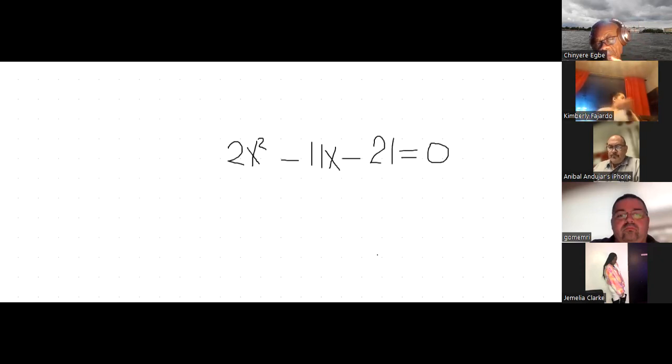Okay? This is our function. And so, how do we solve it mathematically? Using factorization. Okay? How do we solve it mathematically? Using factorization. And the simple thing that I show to students, you put in your bracket here, then two brackets.